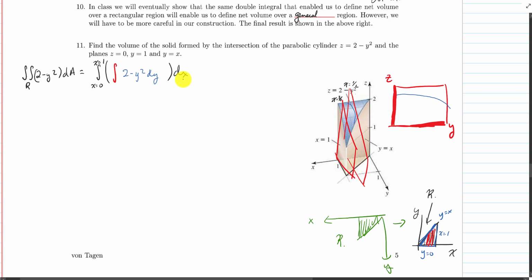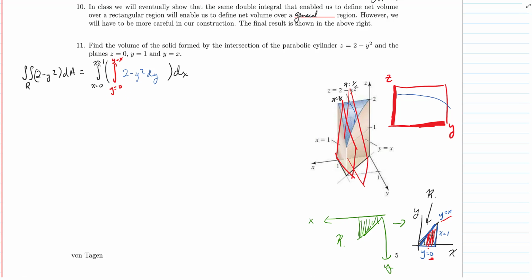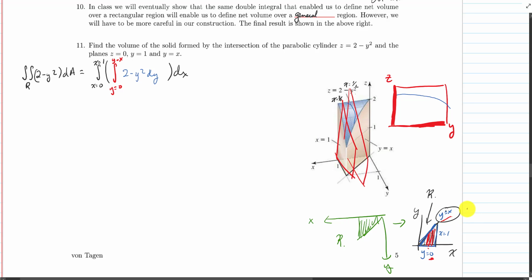But what am I going to use for my limits of integration? That's what I want to highlight here. Notice that all of these rectangles always start off with a y value of 0, but they finish up with the y value of x. So I'm going to write y equals 0 to y equals x. And this is the key here, folks. This could have been any function, any y equals f of x function for that upper curve.